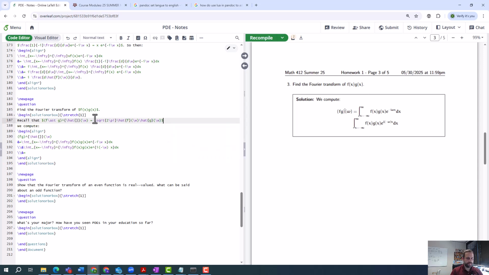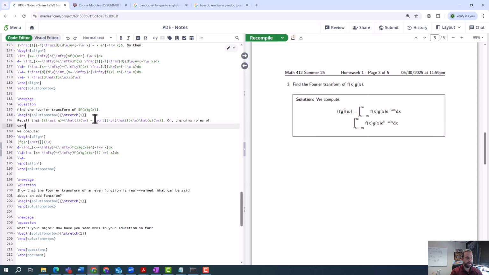So like this. Or changing roles of variables. I'm just going to do the same thing, but change the x's and the omegas.